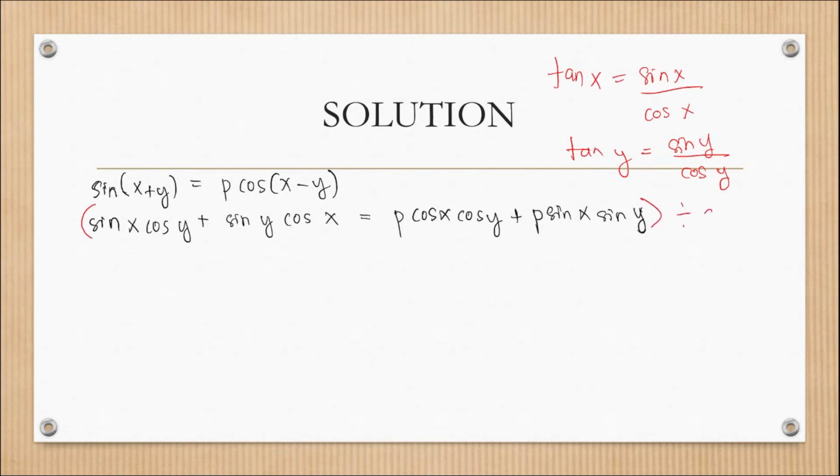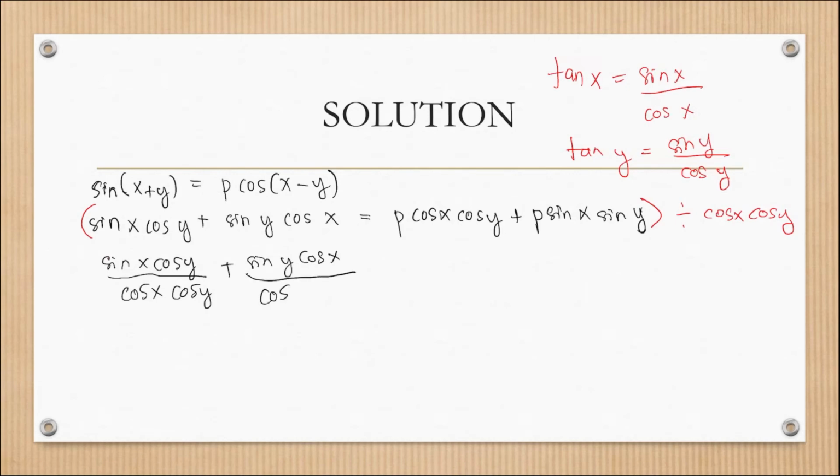So I am going to divide this equation by cos x cos y, because in that case I will get tangent. So if I divide by cos x cos y for each term, sin x cos y divided by cos x cos y, and sin y cos x divided by cos x cos y, and also for each term.